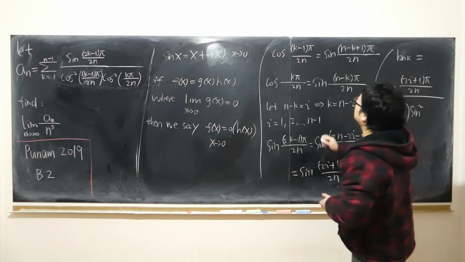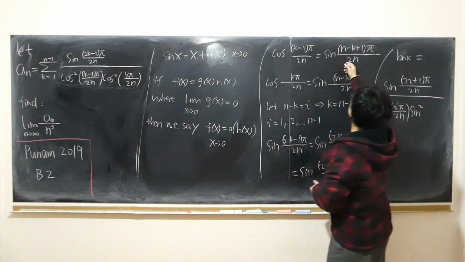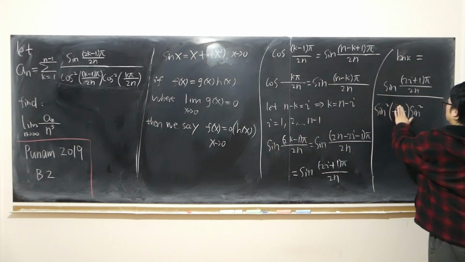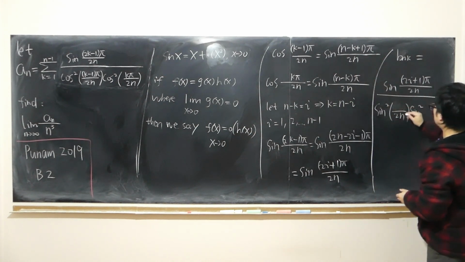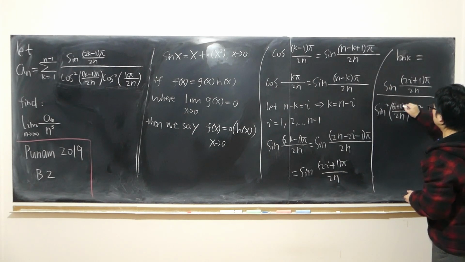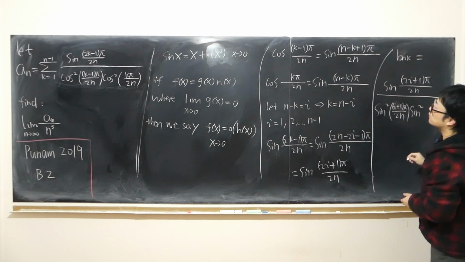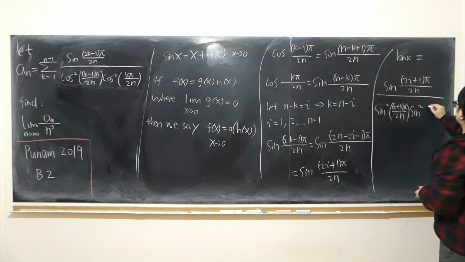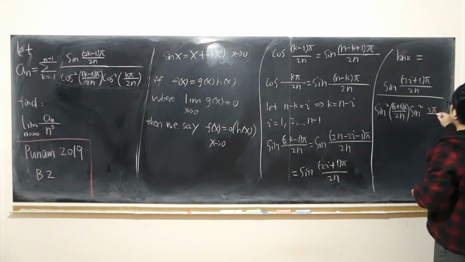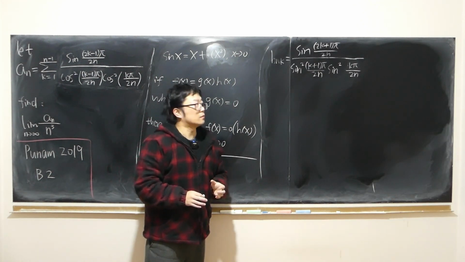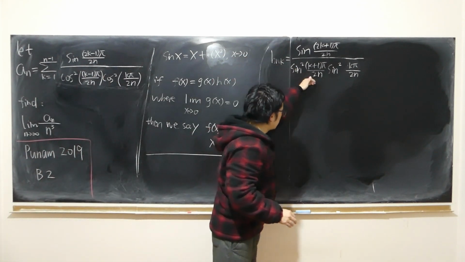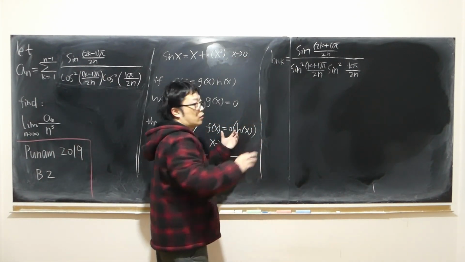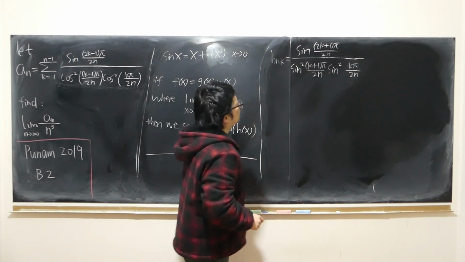Then cosine, sine of (n minus k) plus 1 times pi over 2n. So we successfully rewrite the inside summand into this, everything in sine form, changing all the i into k's.